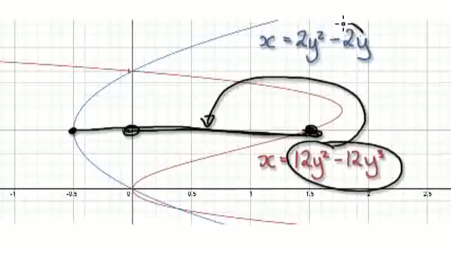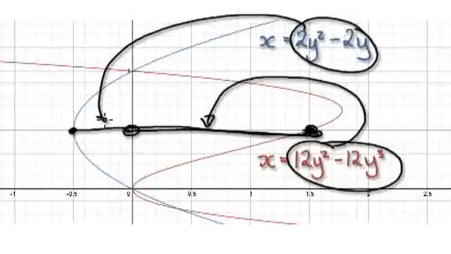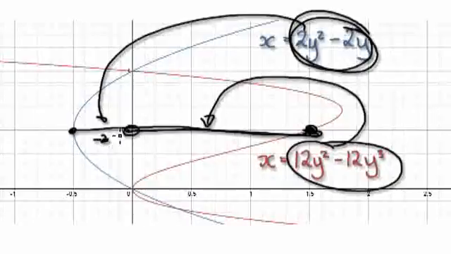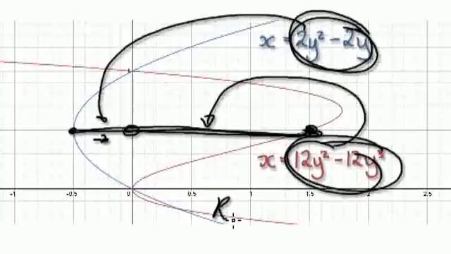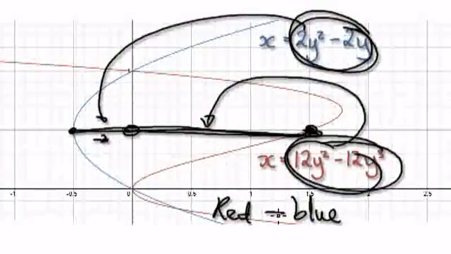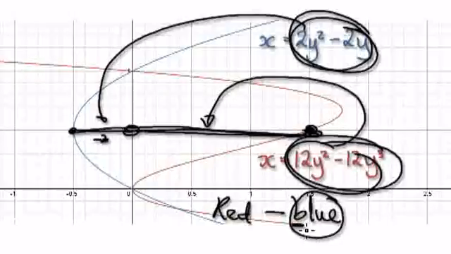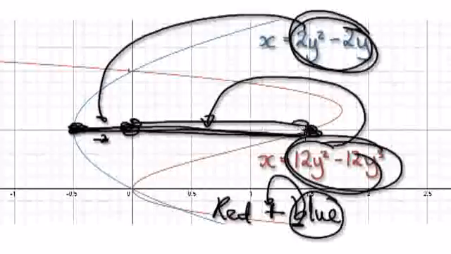But don't forget, the blue will give you a negative value here. So if you want to know the total height, it would be the red take away the blue, because the blue alone will be a negative number, and then you take the negative out and it turns into a plus. So in a way it does get this length plus this length.